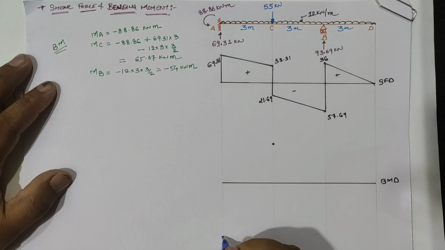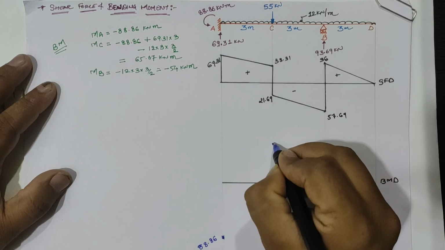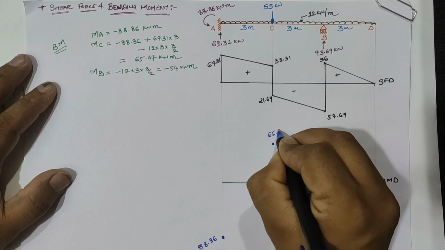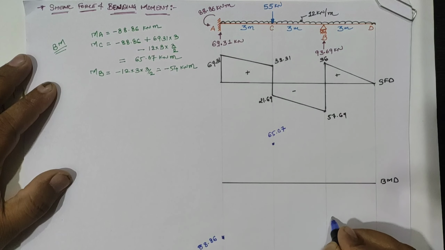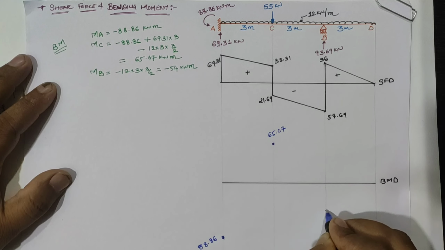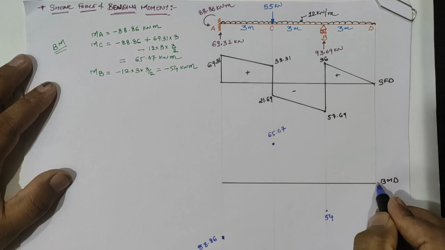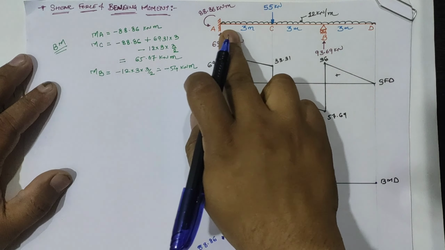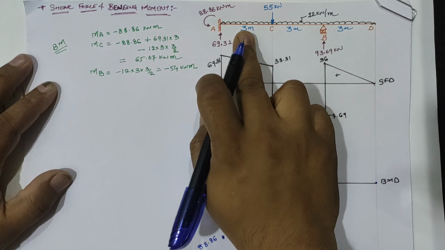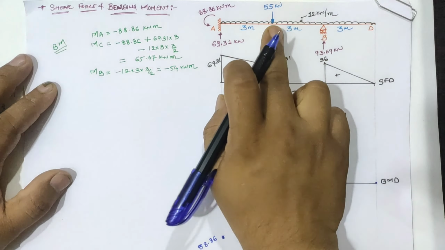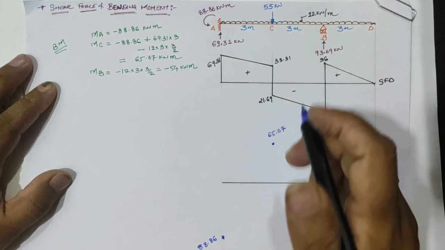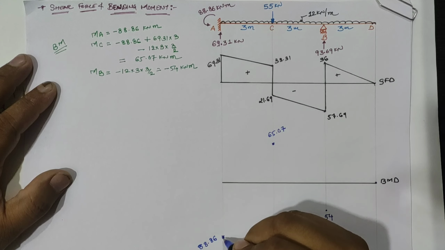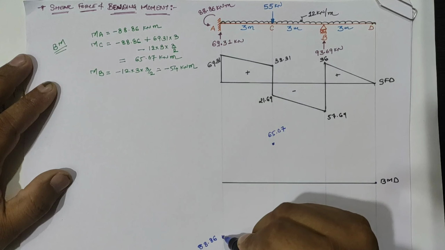Let us assume a point A, our value is minus 88.86. At location C, our value is plus 65.07, at location B, our value is negative 54 kilonewton meter, and at location D, our value is 0. The loading of the beam is a UDL having the central point load of 55 kilonewton. So from point A to point C, it is a curve.